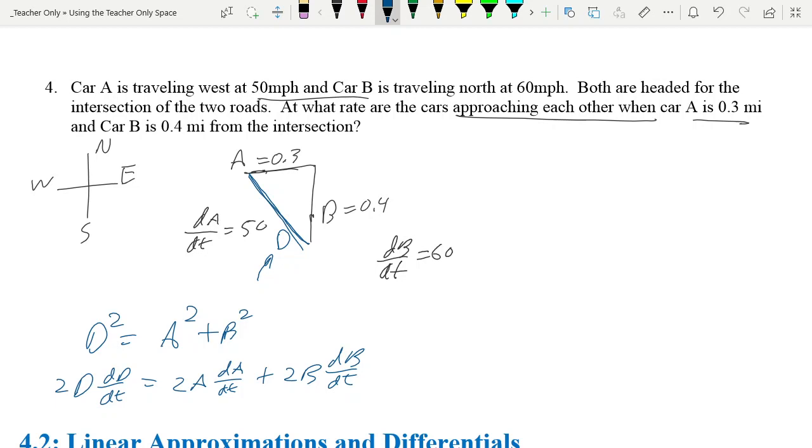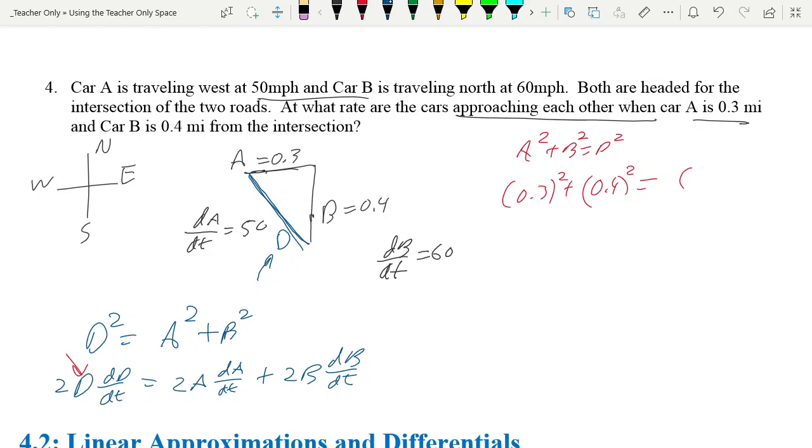And now we hope and we pray, we sub in everything we know. Do I know how far apart they are from each other? Do I know the distance? No, but I can get it because I know two of the sides of my triangle. A squared plus B squared is going to equal D squared, and I know A is 0.3 and B is 0.4. For anybody paying attention, therefore I know D is 0.5.